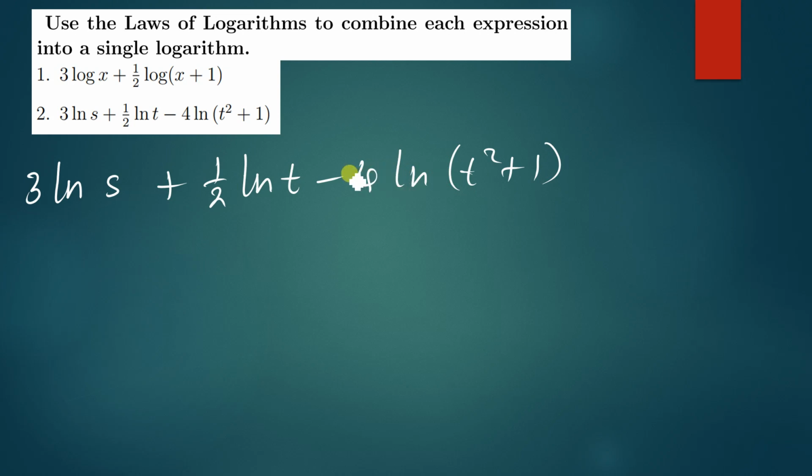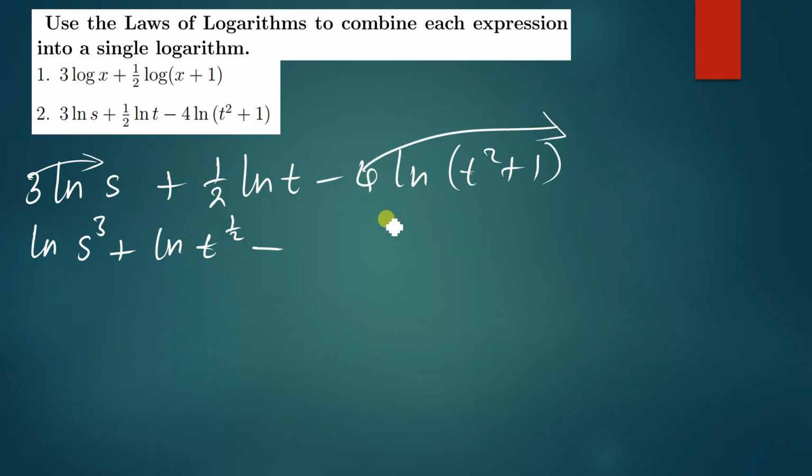We do the first thing that I mentioned in the previous question, where you take the coefficients to become powers of the function. So we have ln s to the power 3, then plus, and this half becomes the power of t. So we have ln t to the power half, and then minus, this 4 becomes the power of this function. There we have ln (t squared plus 1) to the power 4.